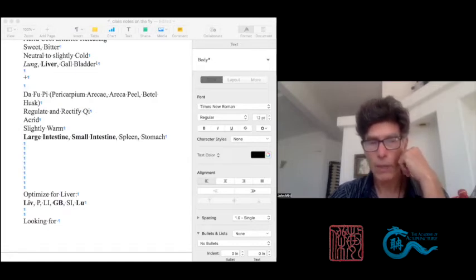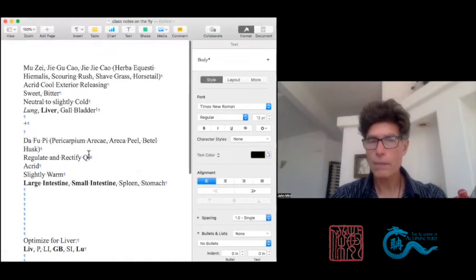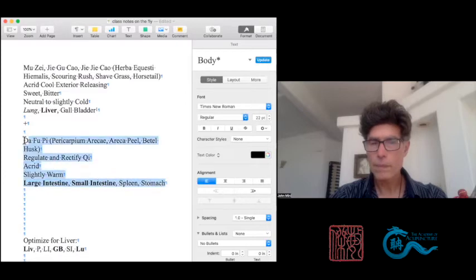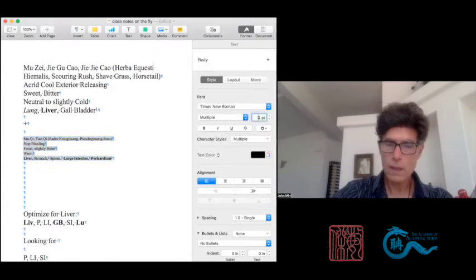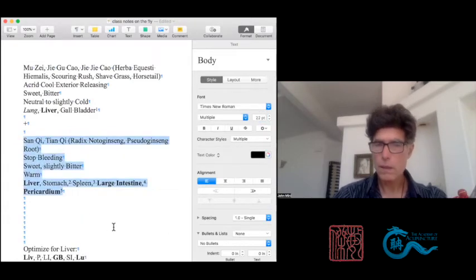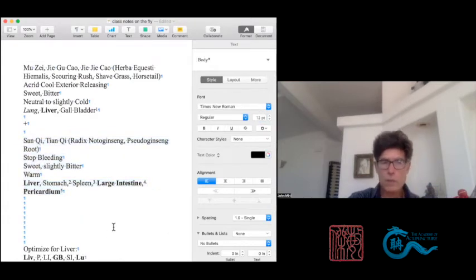Then we want to pull out this herb, which I don't think we've talked about for a while. And that herb is Sanqi or Tianqi. Okay, a lot of channels. This goes through also, right?